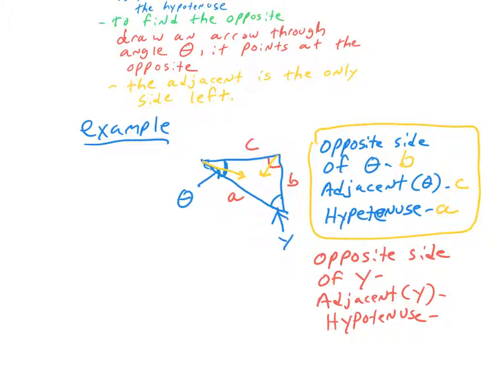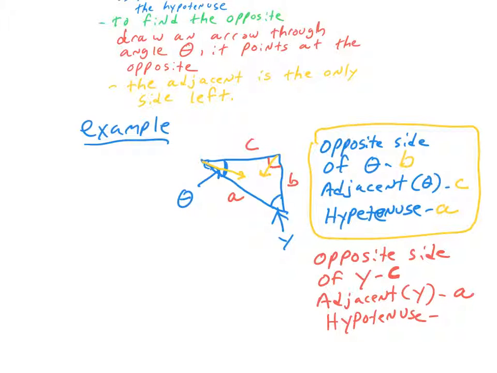The opposite side of Y on this one is going to be side C. See, it changes depending on what angle they're talking about. And then the adjacent side of Y is going to be side A.